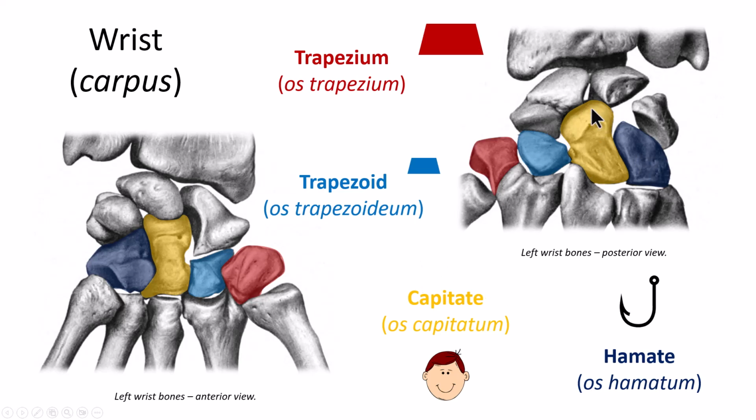I think the capitate bone is particularly notable due to its shape. This time the entire row is visible from both sides of the hand, and thanks to the mnemonic you won't have any trouble memorizing all 8 carpal bones.